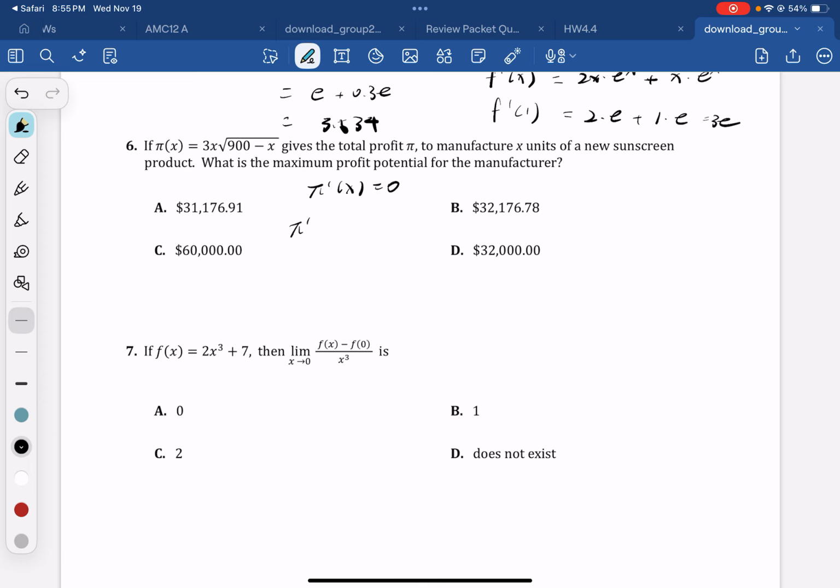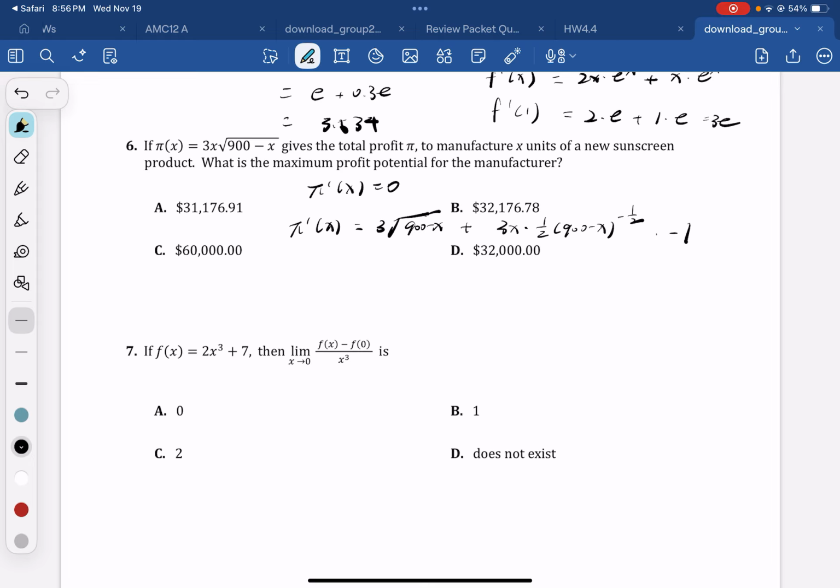So pi prime of x equals 3 times the square root of 900 minus x, plus 3x times a half times (900 minus x) raised to the power of negative a half, and we've got a times negative 1 because of the chain rule.